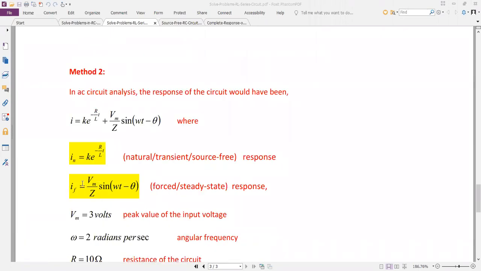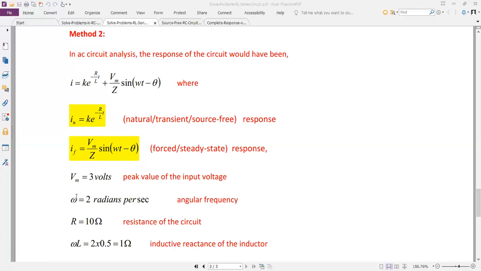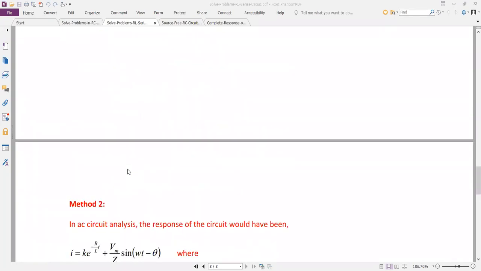Still the same, you have the I sub n and the I sub f here, and the determination of the values, the constants that are given in the problem. So you have the V sub m, you have the radian frequency. The radian frequency, by the way, is the constant that appears in the argument of your sine angle.